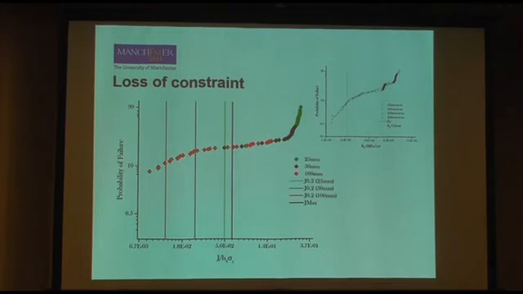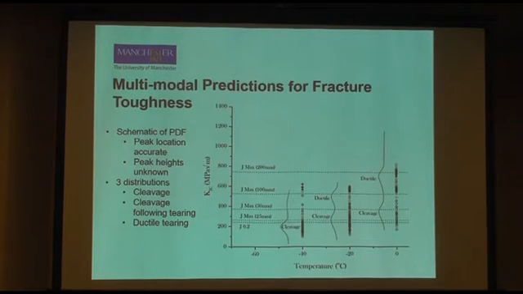And when we do that, we see that all of this stepped behaviour disappears, and we have a single distribution, which is, as we said, likely to be due to a loss of constraint.